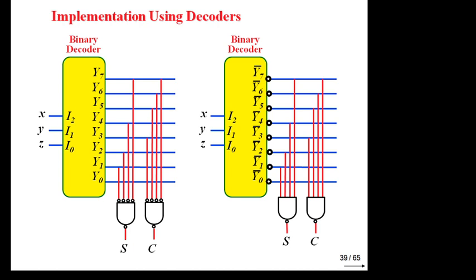Because suppose NAND gate inputs are A and B. You are getting bubbled inputs, so A bar dot B bar, and whole bar is nothing but A plus B, means again OR gate. So in case of active low decoder, means when you are using negative logic, you will use bubbled NAND gate and output will be bubbled.